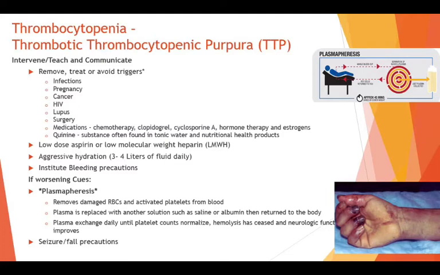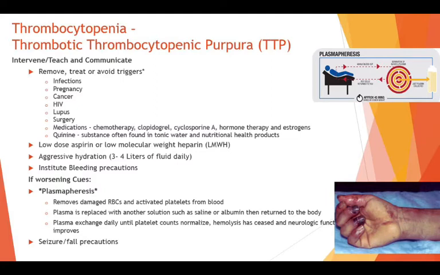So they basically remove your own plasma and put plasma back into the body. They can supplement it so you're not using so much fresh frozen plasma, with saline and albumin. But basically they will plasma exchange daily until the platelet counts stay normal and there is no more clotting and bleeding going on.